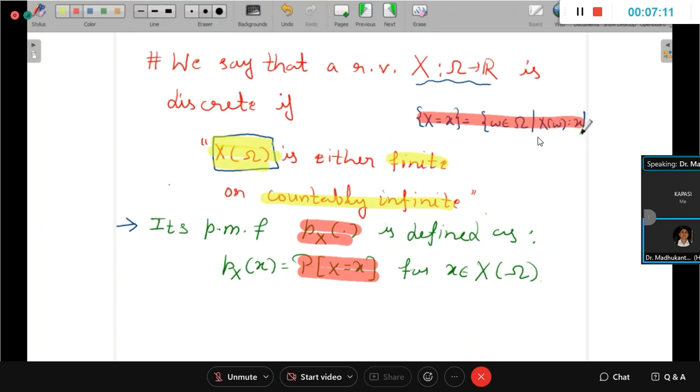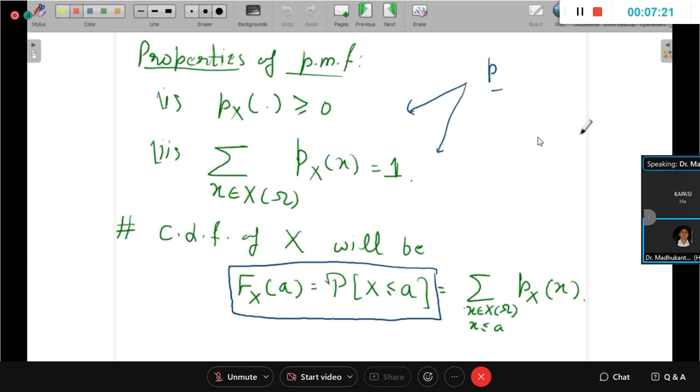The non-negativity condition says that for each value of x, this PMF is non-negative. The second is the normality condition, where if you sum over all values of x, all these probabilities add up to 1.